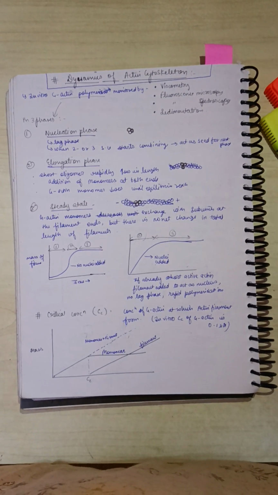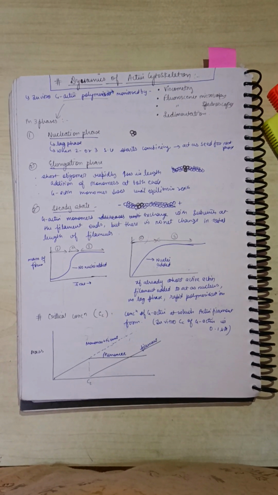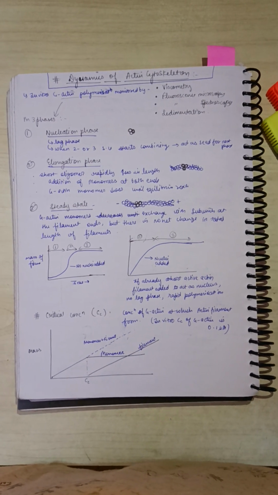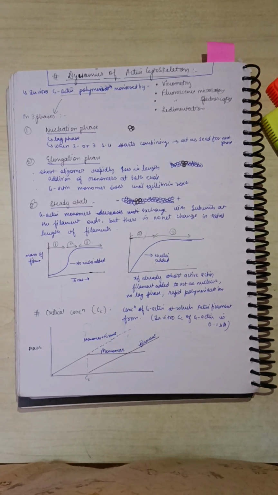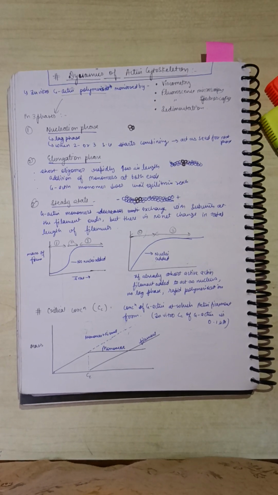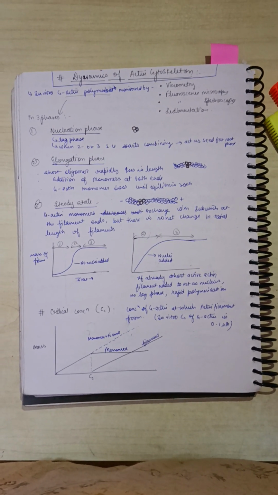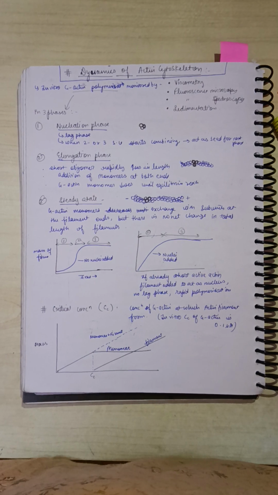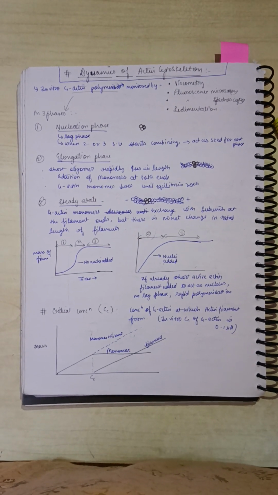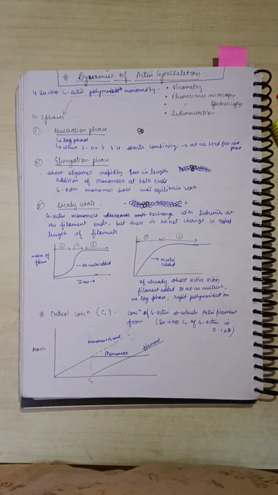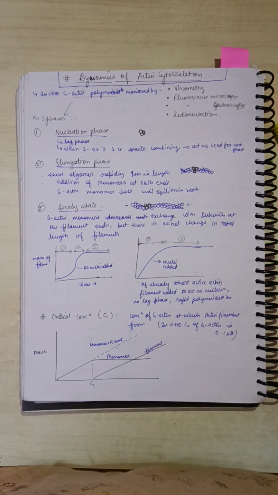The viscosity increases because the subunits are getting combined. Okay, and the same with sedimentation. The sedimentation increases as the mass increases. So it happens in three phases.